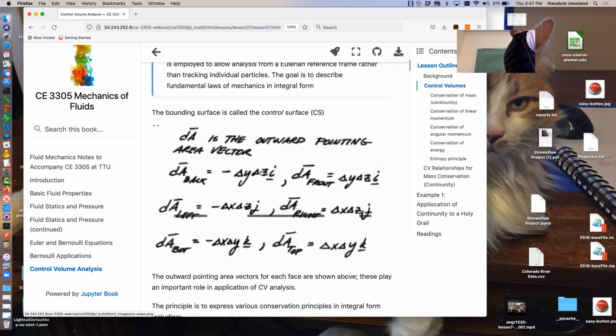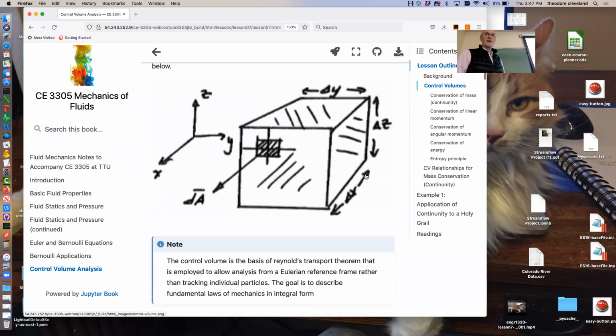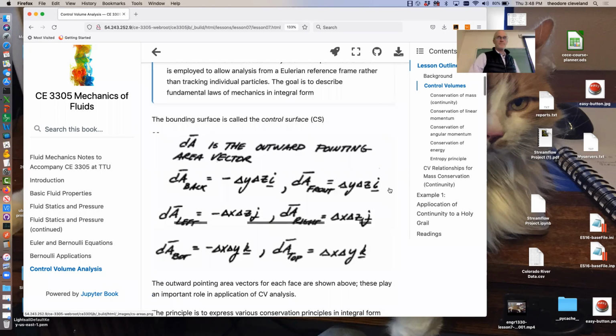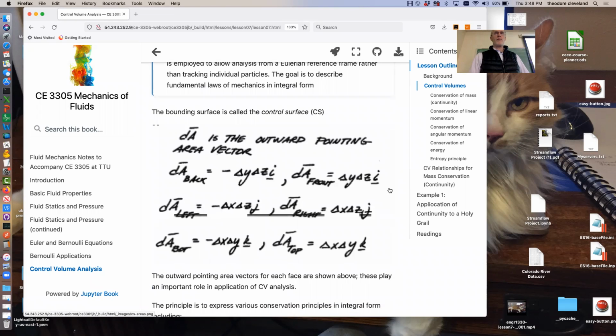So we would write that area vector as delta y delta z times minus i. Front face, same area, but it's pointing in the plus x direction. We can convince ourselves of that by going back and looking at the picture. Here's the front. It is delta y units in one dimension, delta z in the other dimension, and it's coinciding with the plus x direction, hence delta y delta z i. Similarly for the other 4 faces.